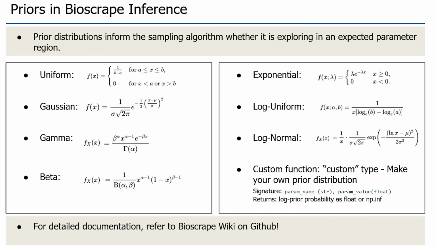If you have an idea that your parameters experimentally follow a Gaussian distribution, that is, there are some values near the mean that are more likely, then you can use a Gaussian prior for that parameter. But in case you don't know anything, you can just give a uniform prior. It's like a random prior where things can be sampled randomly.